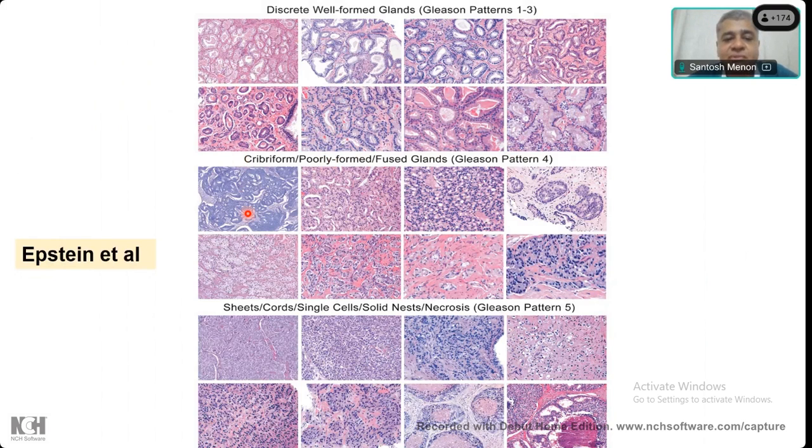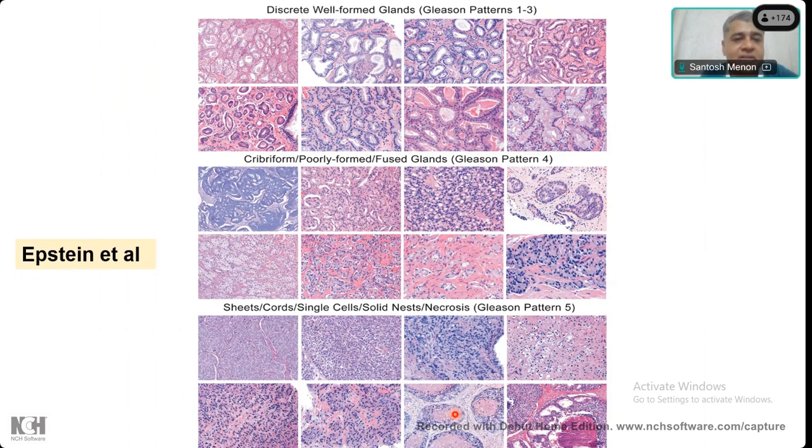Once they start fusing, forming a cribriform pattern, or become very poorly formed fused glands, they are all pattern 4. And once they are in solid sheets without any lumen, single glands, comedonecrosis, they are all pattern 5.